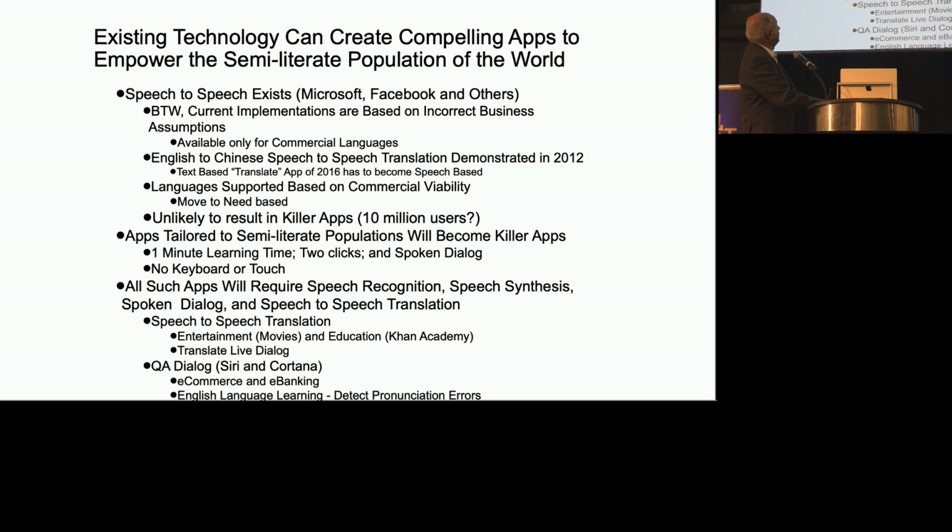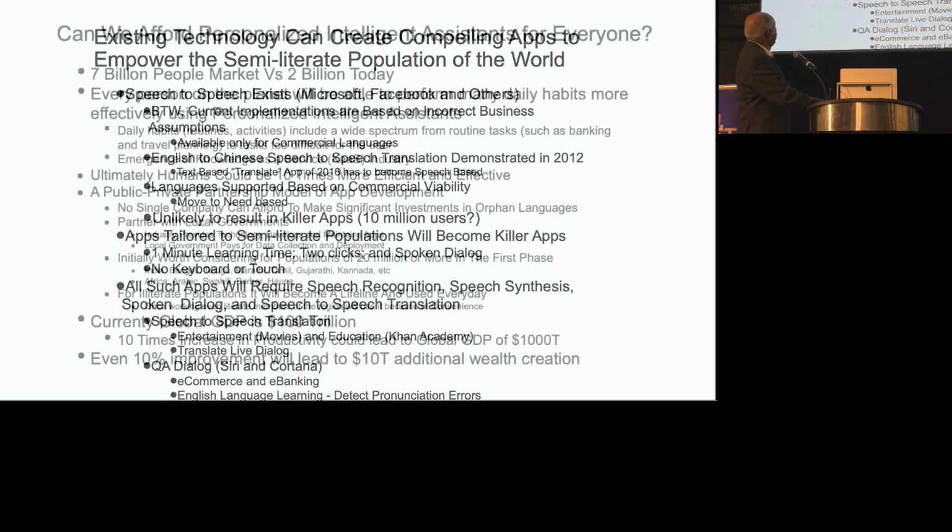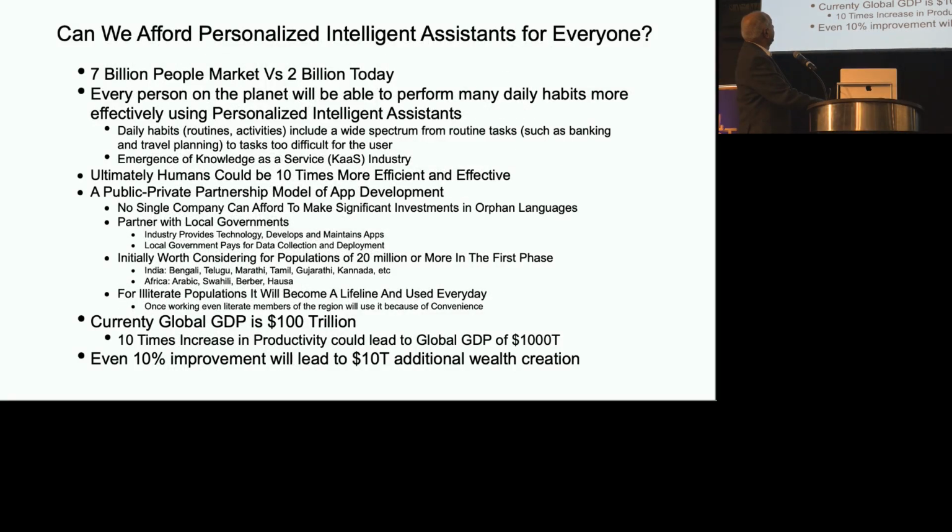So existing technology can create compelling apps and all these things, entertainment, e-commerce, banking, are all there. The question is, can everybody on the planet have one of these things? My answer is yes.